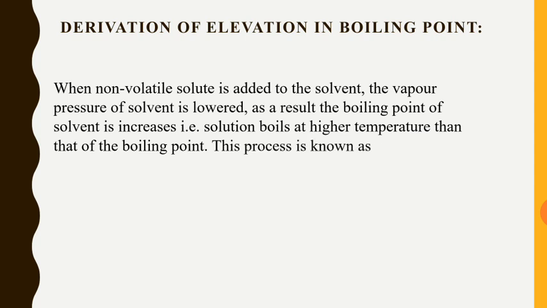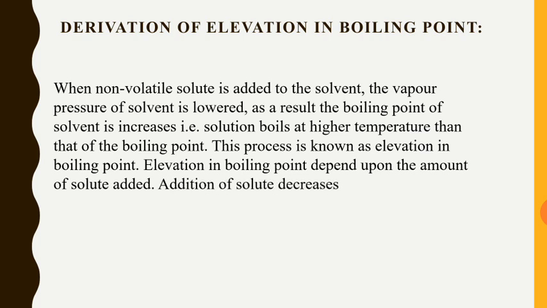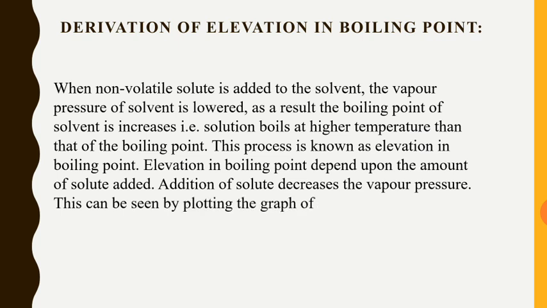This process is known as elevation in boiling point. Elevation in boiling point depends upon the amount of solute added. Addition of solute decreases the vapor pressure. This can be seen by plotting the graph of vapor pressure against temperature.